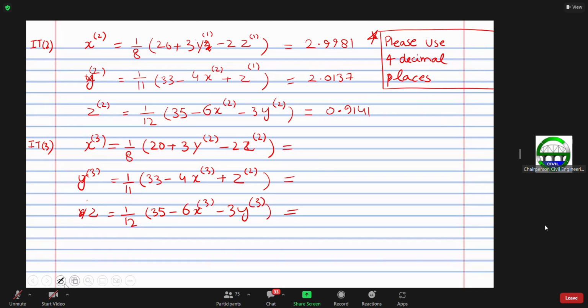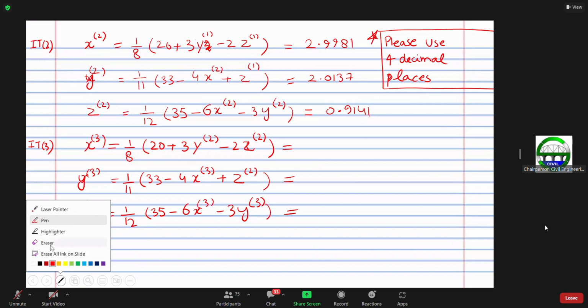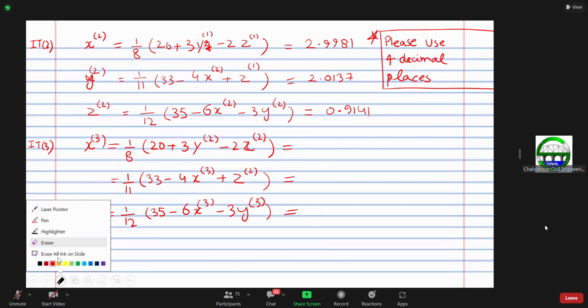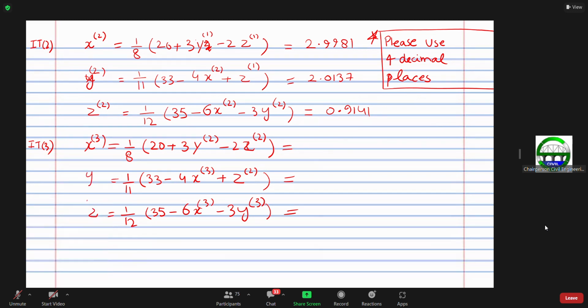Okay, so can you tell me the answer of this one? Can you tell me x in the third equation?